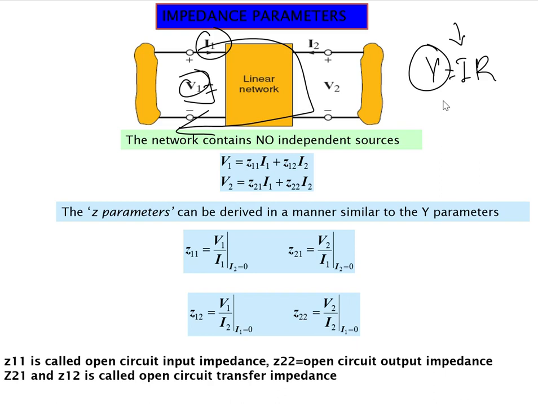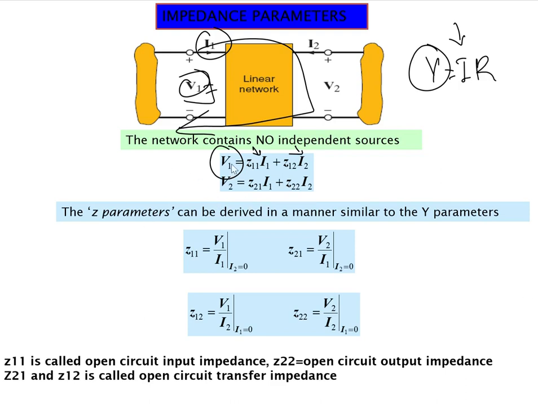Okay, so there are two equations. We are considering the currents I1 and I2, and we are calculating the voltage that will be developed on the first side. So V1 is equal to Z11 I1 plus Z12 I2, the current in the second causing voltage in the first.